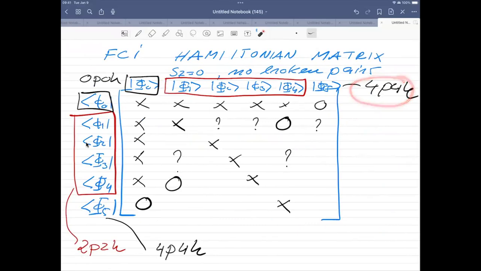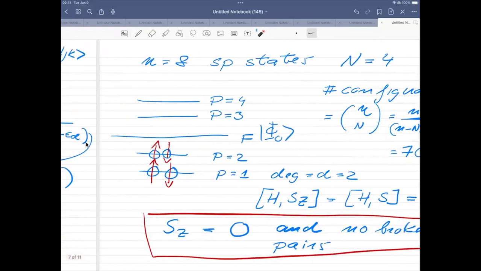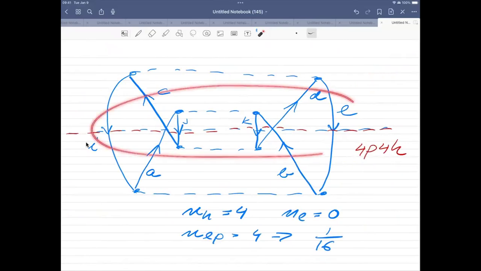So if I go back to this Hamiltonian matrix, that means that to second-order perturbation theory, I will not have any 4-particle 4-hole contributions. However, if I go back to the examples we had before the break, there's going to be a diagram like this one, which represents to fourth order a 4-particle 4-hole excitation, which will be non-zero for this specific Hamiltonian.